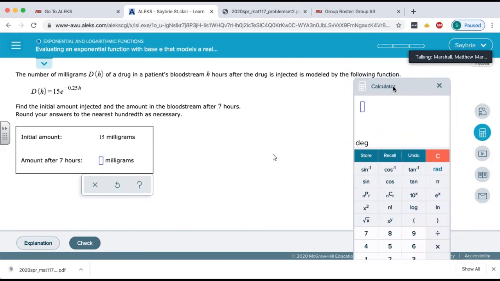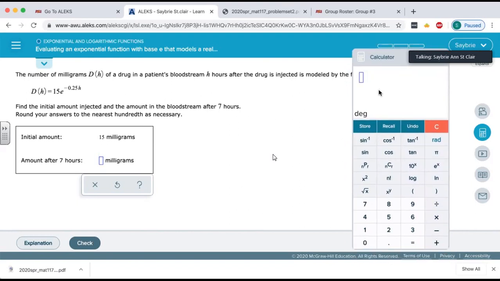You're going to do 15. Yep. So 15, hit that, times e to the x. And then there put negative 0.25 times, and then up there, the exponent though.